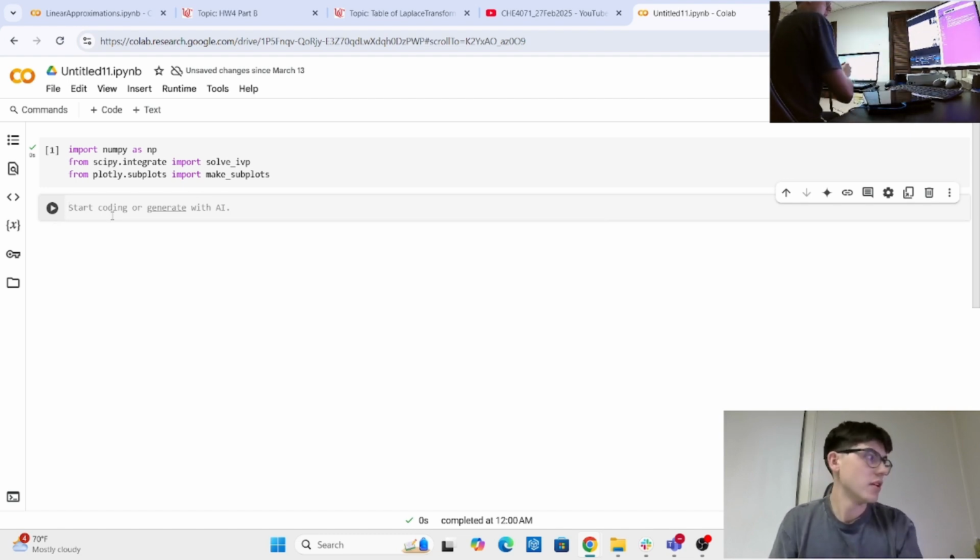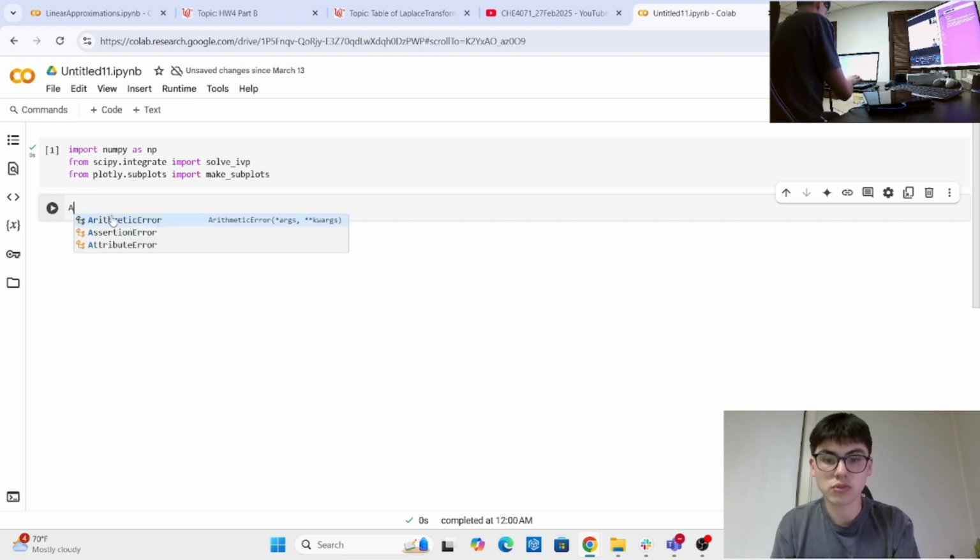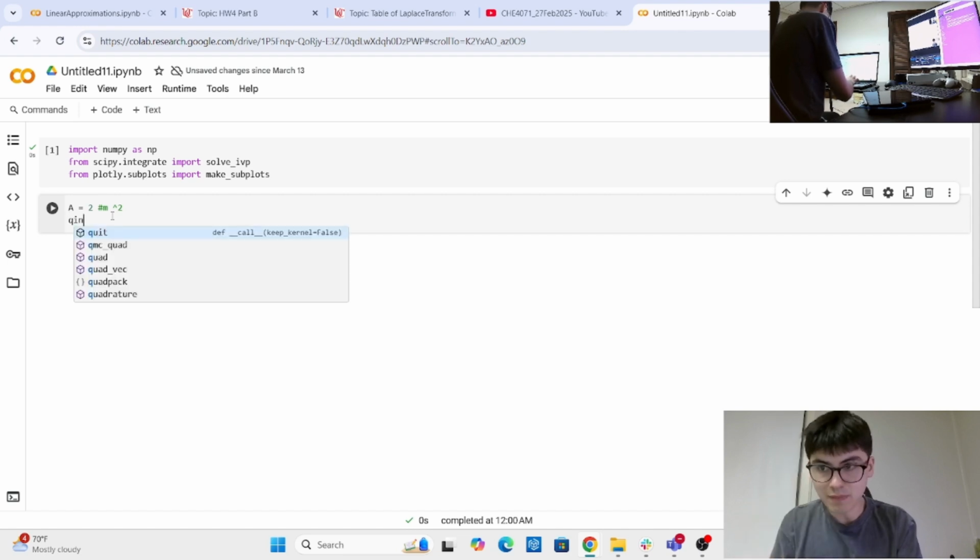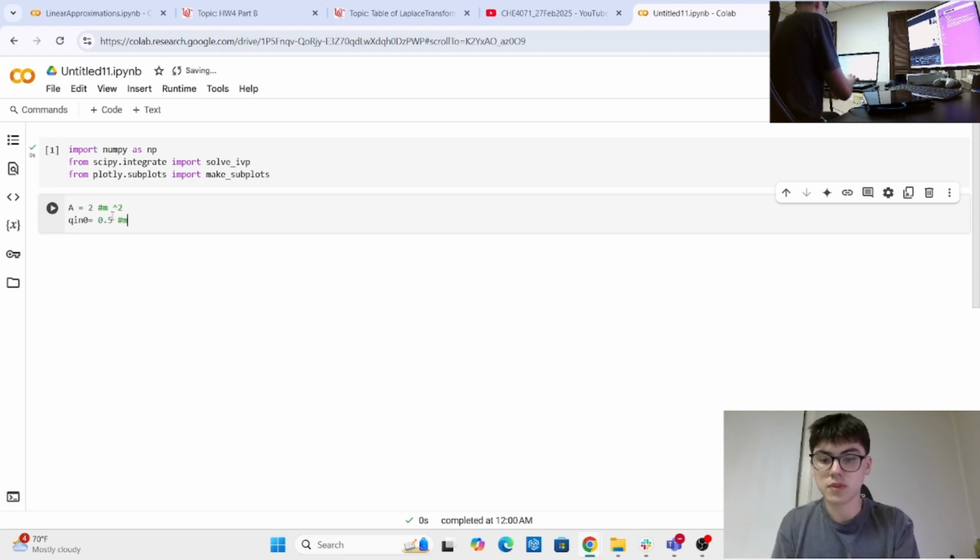So we have a tank, and the cross-sectional area for this constant will be 2 meters squared. The initial flow rate in will be equal to 0.5 meters cubed per second.